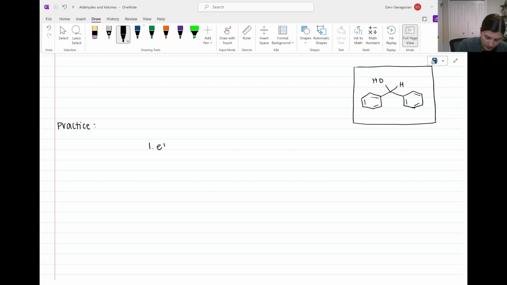So we'll know that the solvent is an ether, and then in step 2 we add an acid. And this is the final product. Some alcohol product. And so the question is, what reagents?